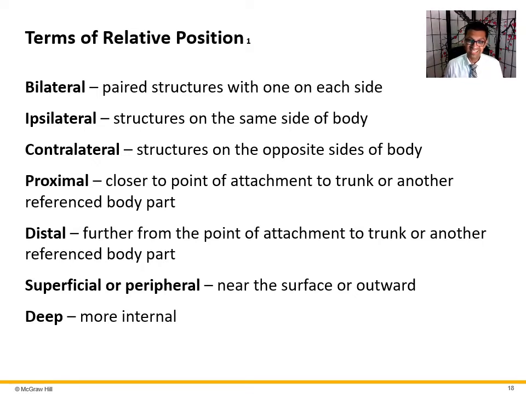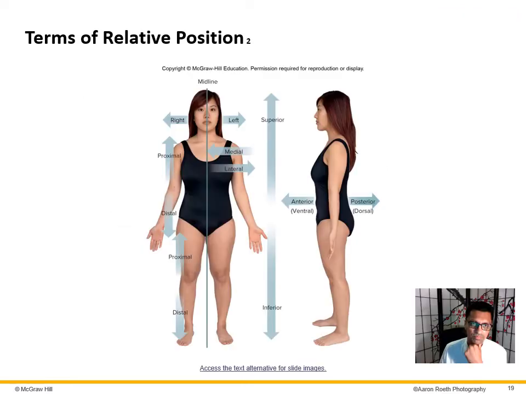My knee is distal to the hip, it's further away. Superficial means closer to the surface, so my skin is superficial to the ribs, but my heart is deep to my skin, so more internal. So get in the habit of using these terminologies because I think it's very, very beneficial, and plus you'll be tested on it.